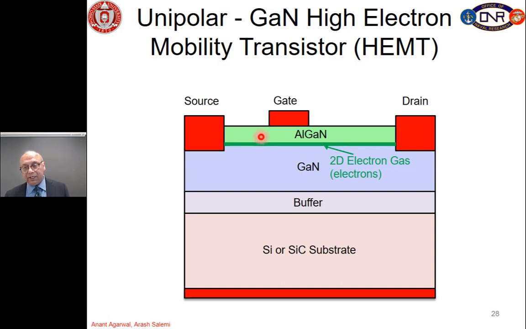We will describe that in detail, but this switch is very common now and is being manufactured all the way up to 650 volt and is being used in many applications such as laptop chargers and phone chargers and tablet chargers and so on, and PV converters.